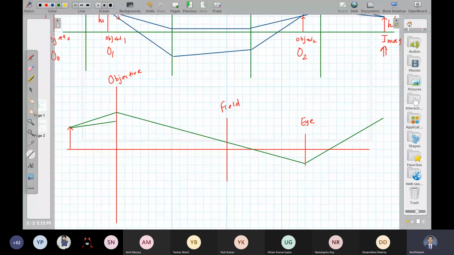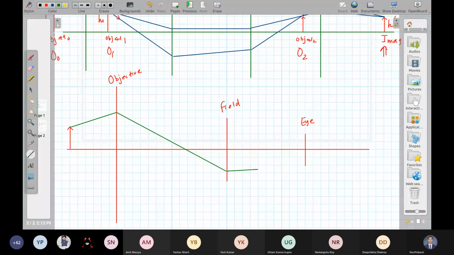I'm just drawing some schematic. It may not be on the scale. I just want to show you how the things may look.